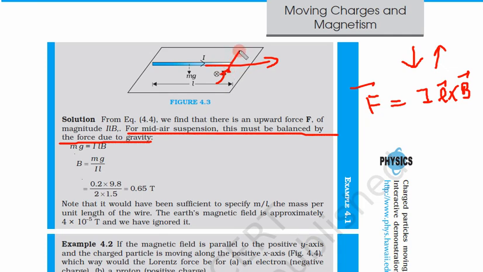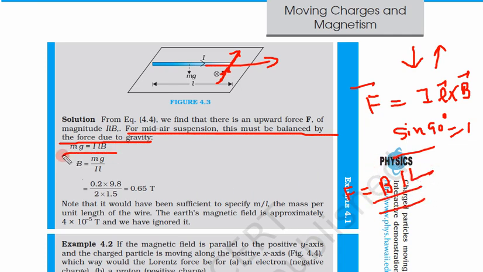So both these are perpendicular. So L cross B means sine 90 degree, which is equal to 1. So F is simply equal to BIL. So mg is equal to ILB, or BIL. So B is equal to mg upon IL.